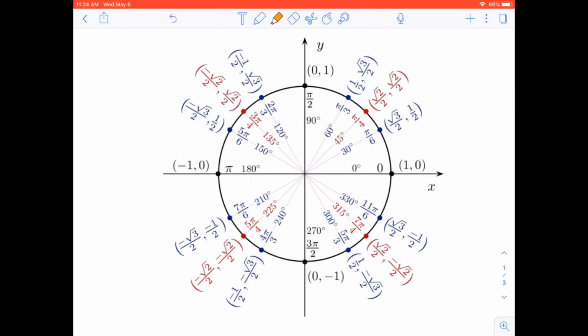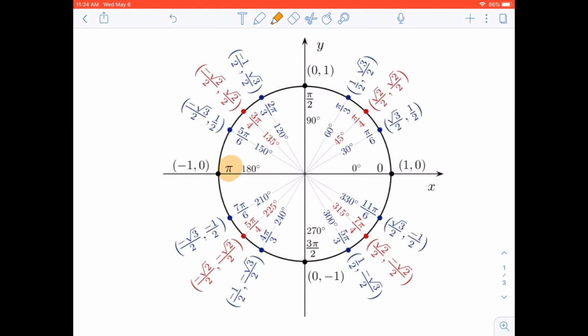So to wrap things up, we can go back to our original picture here and start to make sense of it. If you look right here, you see that value pi. Well, 180 degrees, or half of a circle, is equal to pi radians.